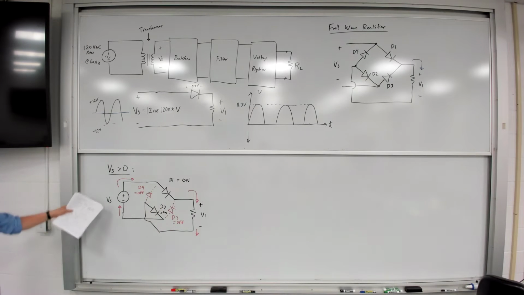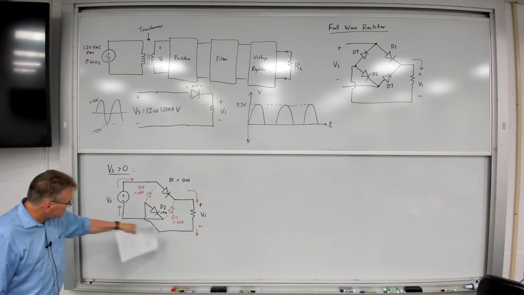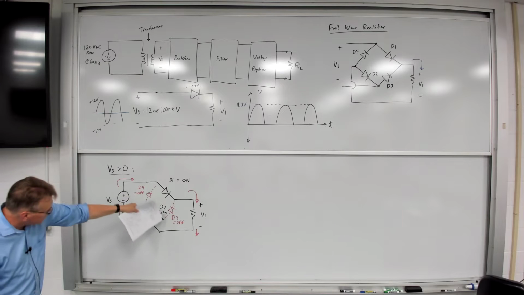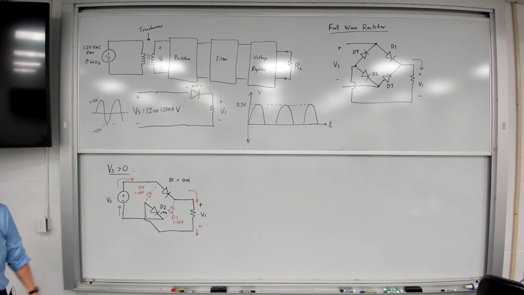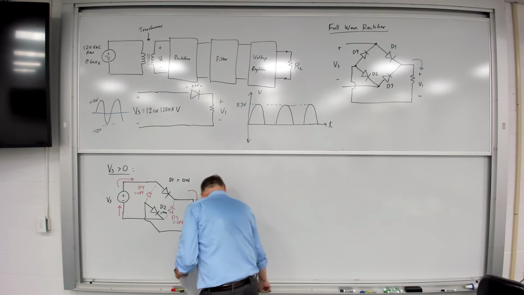So in this case, when Vs is positive, the path the current takes has to be through D1, around this resistor, then through D2, and then back into the source, into Vs. Everybody see this? So we're just doing a current steering trick. Now let's look at the other case.